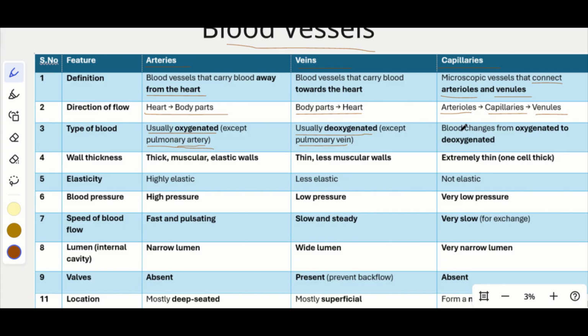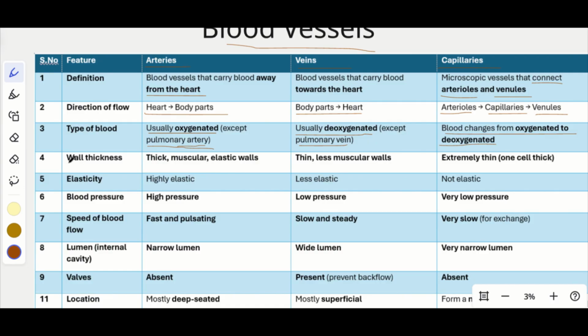Blood changes from oxygenated to deoxygenated as it moves from arterioles to capillaries, then to veins. The cells use the oxygen for respiration, and as a result CO2 is released. That is how oxygenated blood becomes deoxygenated.